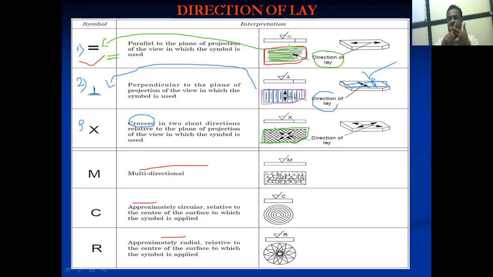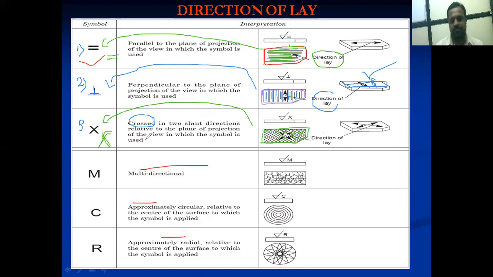They cross each other. If you observe the irregularities on the surface and they look like this, crosswise, then we can say it is the crossed direction of lay. To show the crossed direction of lay, we just have to draw crossed lines, an X.